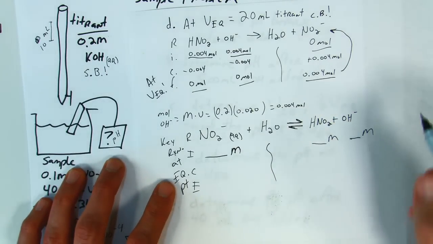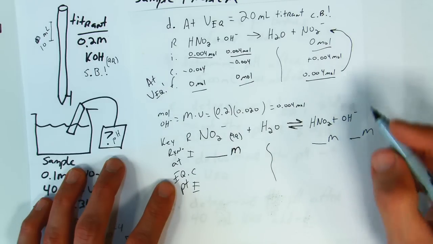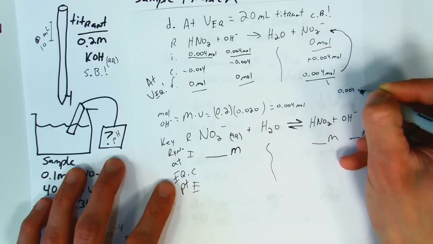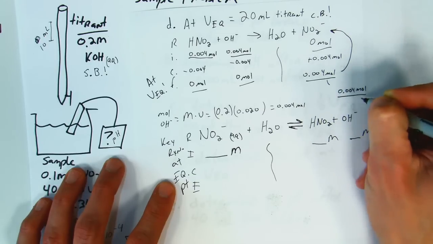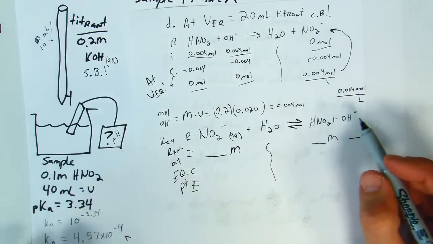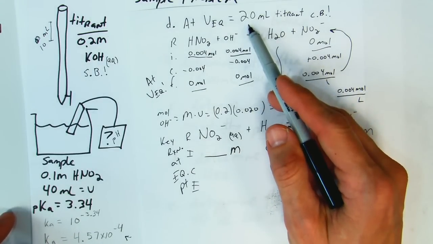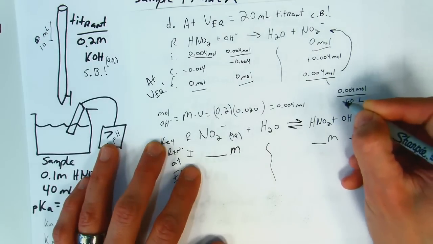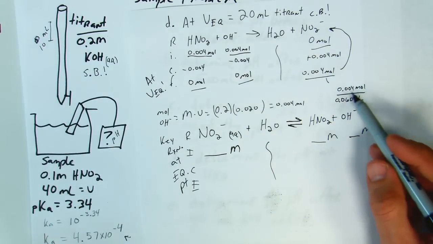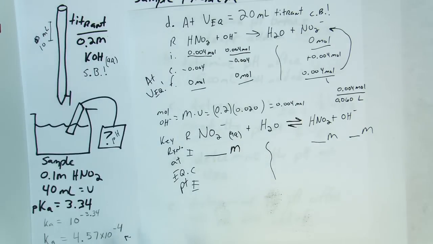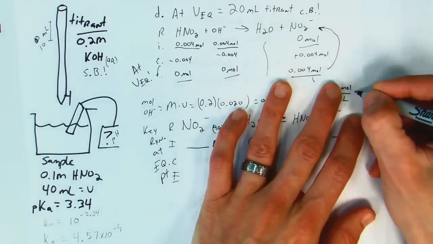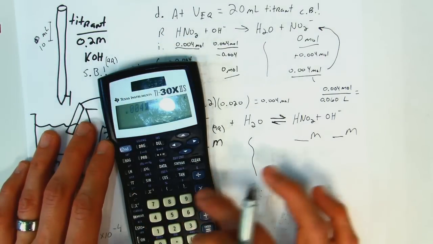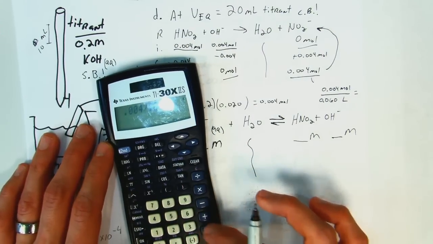Alright, but we don't have to be scared by that. So let's think where to start. We're going to start with our initial amounts. It seems like we had 0.004 moles of this conjugate base contained in 20 plus 40, that's 60 milliliters of solution. So I can compute an initial molarity for my conjugate base, taking 0.004 and dividing by 0.06.